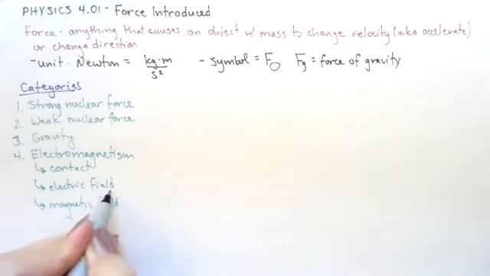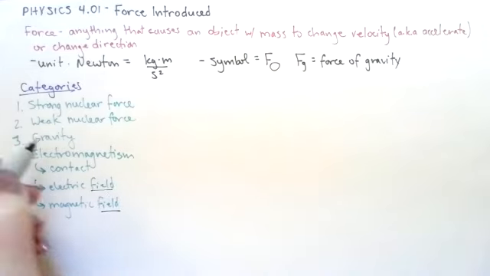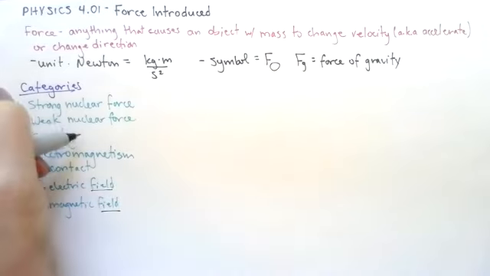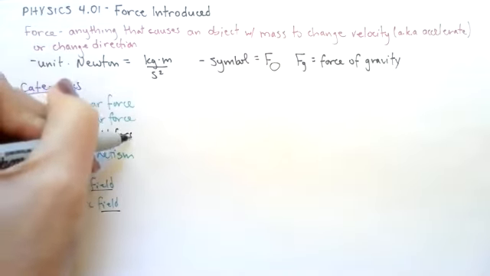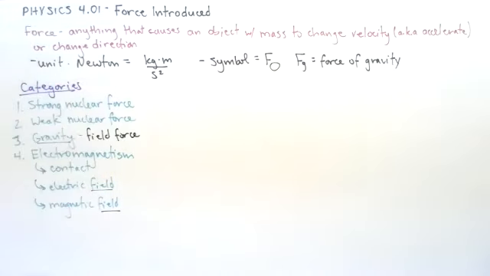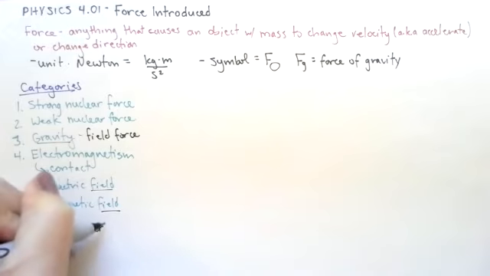And that also brings up another point. We talk about forces in terms of field forces, and we know that gravity is a field force. A field force does not have to be in proximity to act. A field force is exerted over distance.